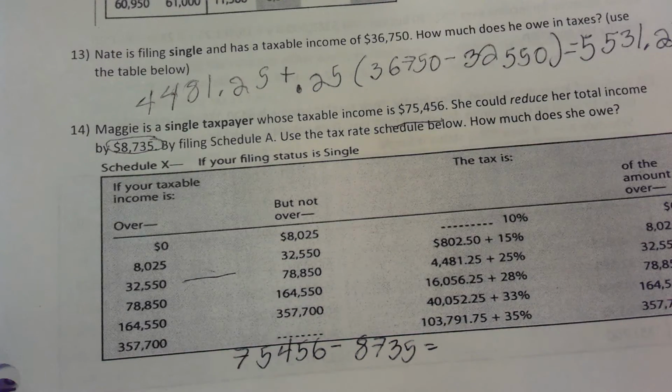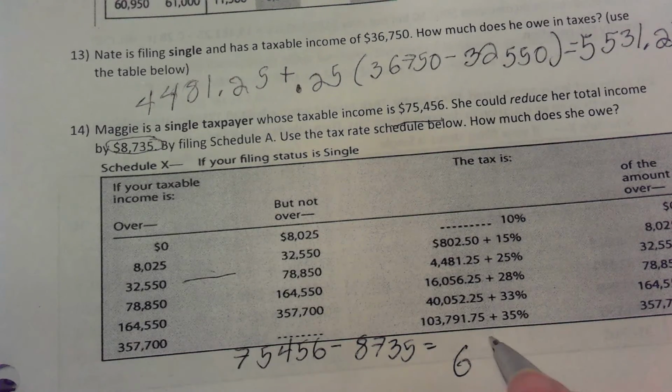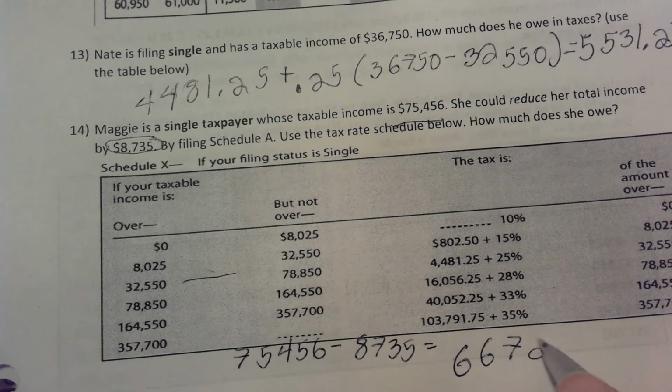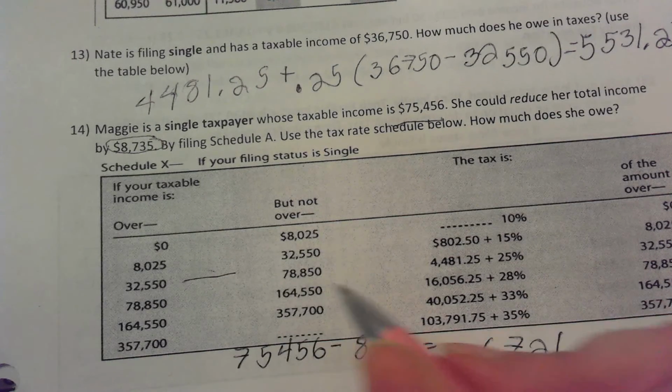So we subtract those two. Okay, so we get 66,721. And we can still use the same one.